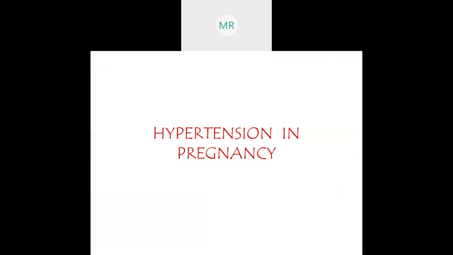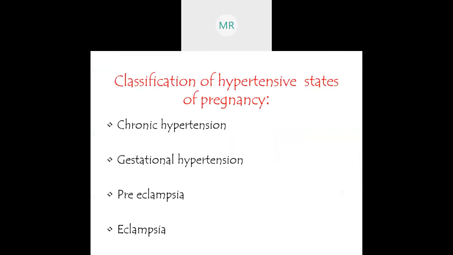Okay. So that leads us to hypertension and pregnancy. Now, I want to say, before the classification of hypertensive states of pregnancy and how we classify: if there is no baseline available, let's say mom comes in as a late prenatal care patient, we're going to say that anything above 140/90 is high blood pressure.